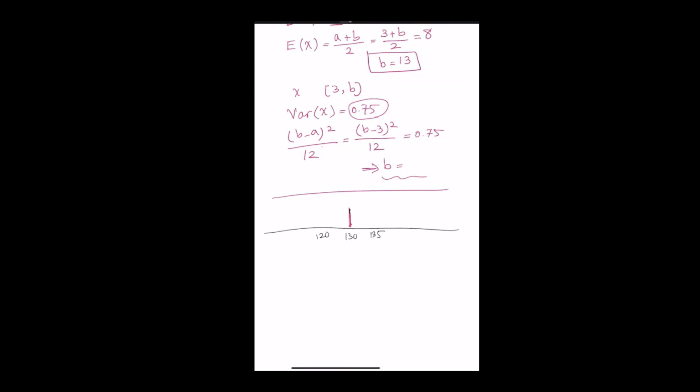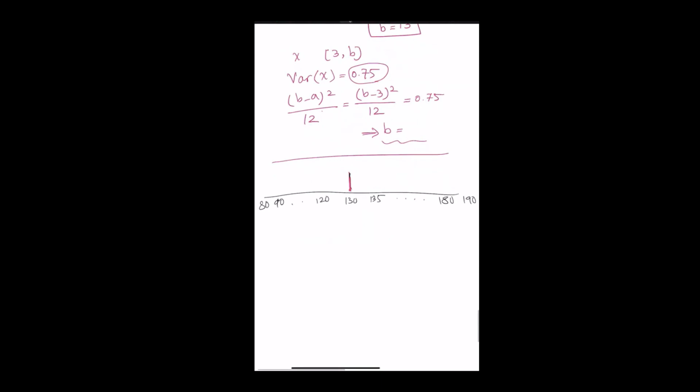I can also get things like 180, 190, and I can also go to maybe 80, 90 pounds, okay? And then let's assume I calculate the average of these numbers, and I find out that the average is 130 pounds, okay?